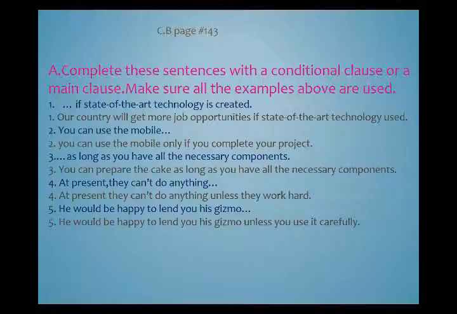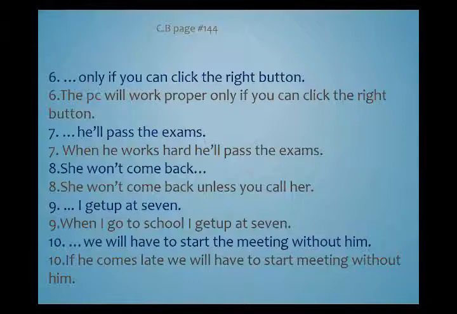It means that we have used again here unless as a conditional clause. The sixth sentence: the PC will work properly only if you click the right button. So we have used only if as a conditional clause here.